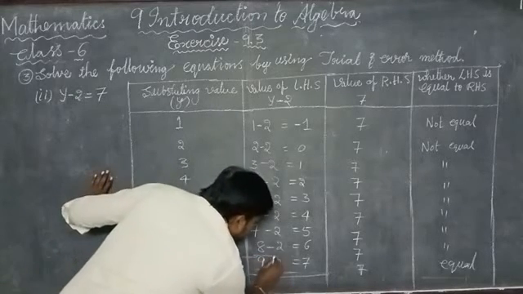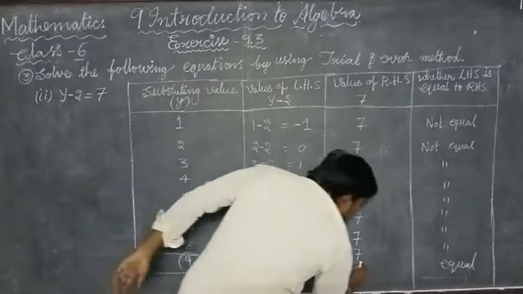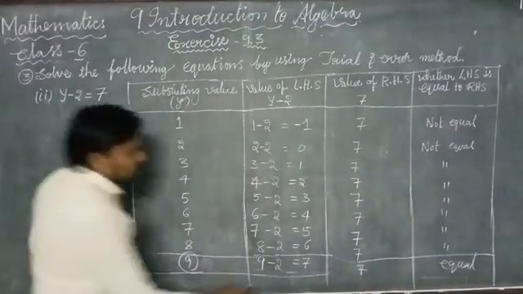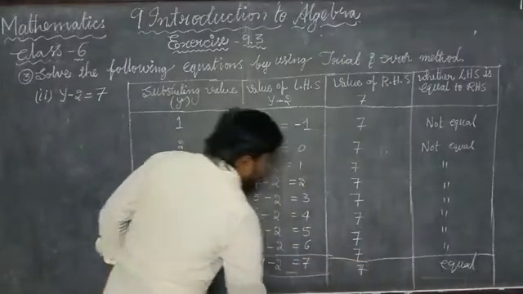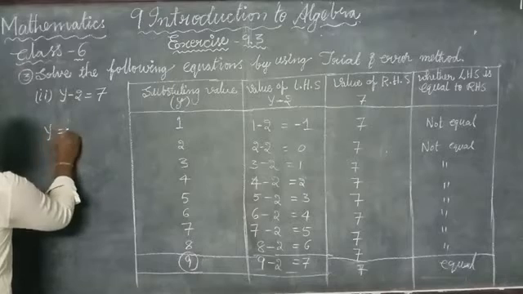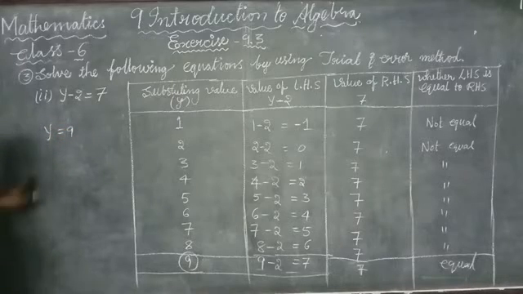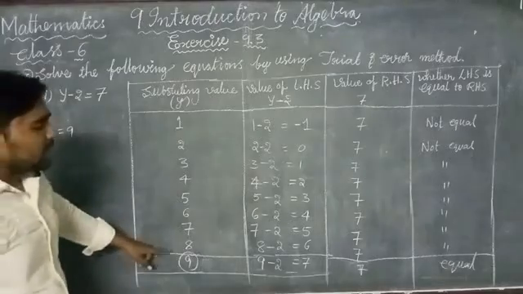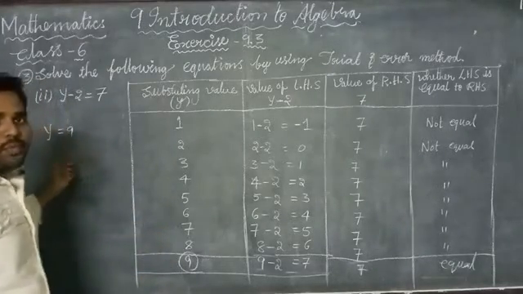So y equals 9 is the solution for the given equation. What is the solution of y in the given equation? y equals 9. Then we can get the solution of y.